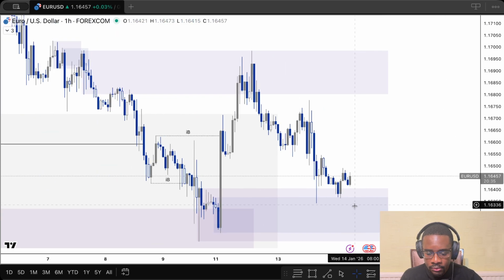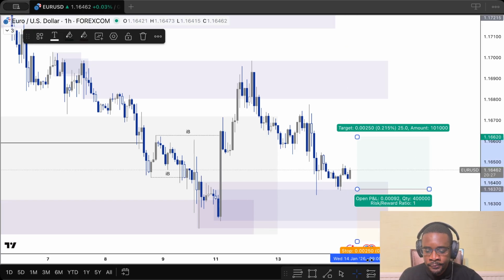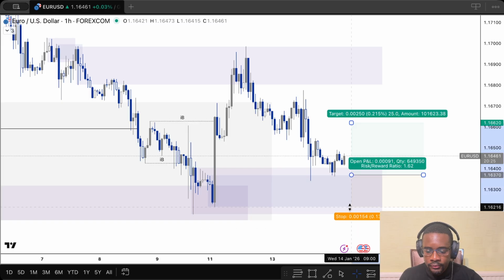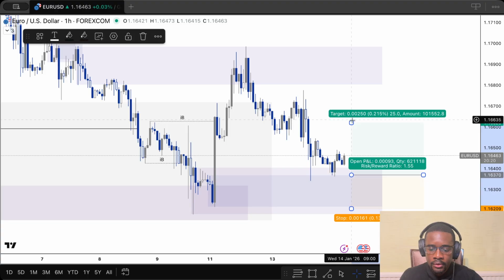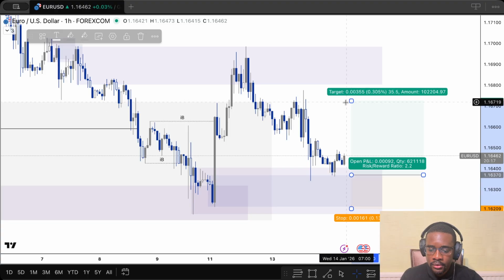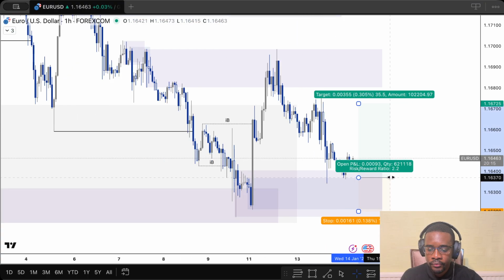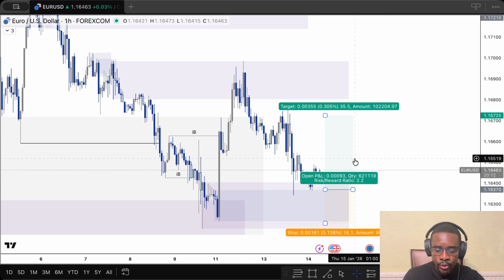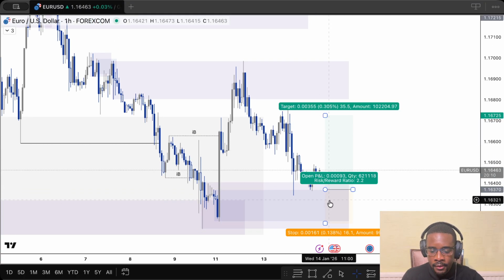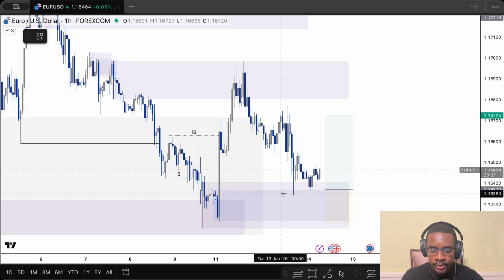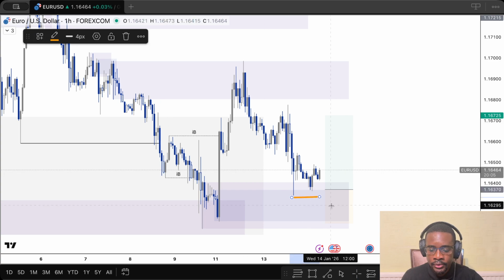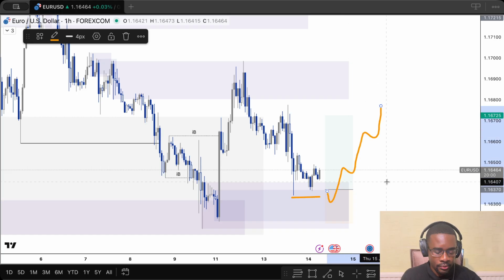So if you're wanting to take longs, you could set up your order and just wait, hoping that price might dig a little bit deeper, maybe take out these lows, sweep these lows, and then start going up.